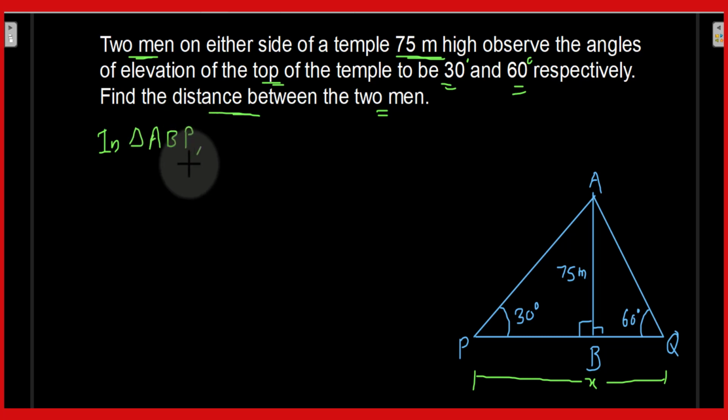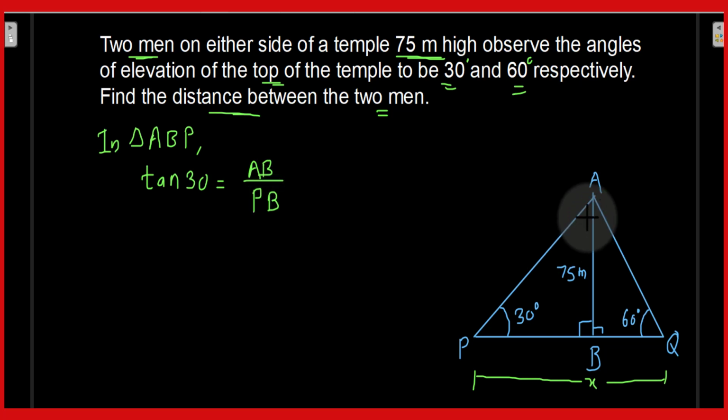In triangle ABP we have tan 30 equal to opposite side upon adjacent side, that is AB upon PB, that is 75 upon PB.